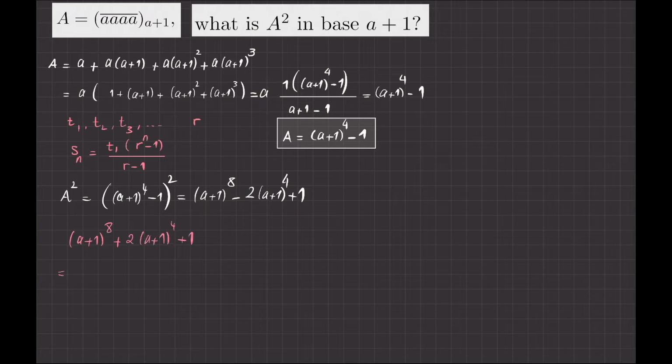Because I can write it as 1, (a+1)^8, and then (a+1)^7 does not appear, so I bring it in with coefficient 0. (a+1)^6 does not appear, I bring it in with coefficient 0. The same for (a+1)^5. (a+1)^4 appears with coefficient 2, the other ones with coefficient 0, yes?